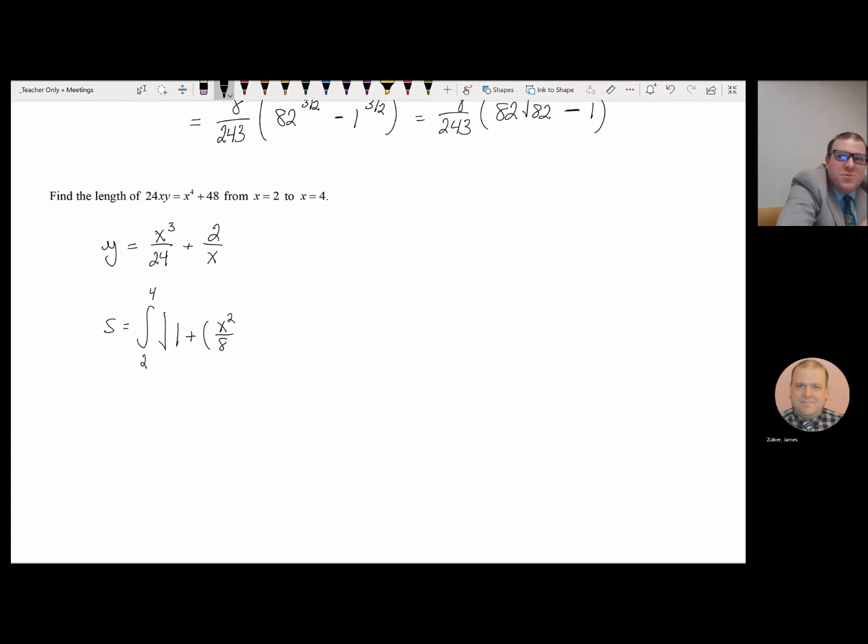Right, the second term will be minus 2 over x, not 2 over x. 2 over x squared. Right, the derivative squared. So you take the derivative and then you square that.